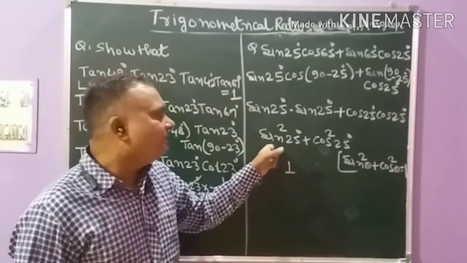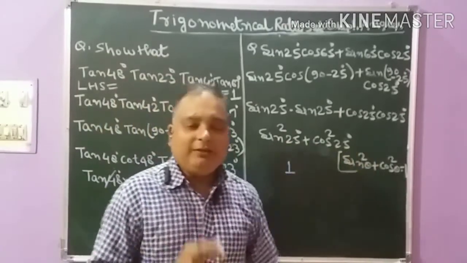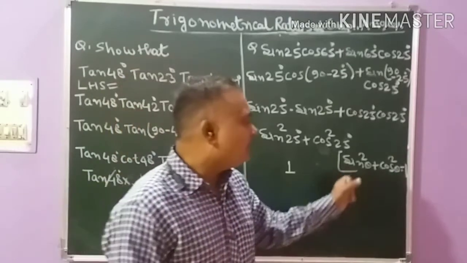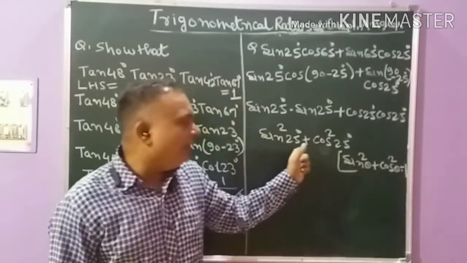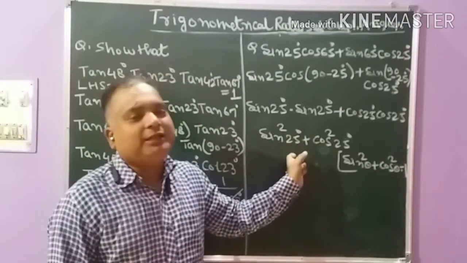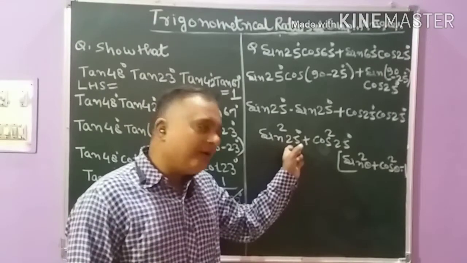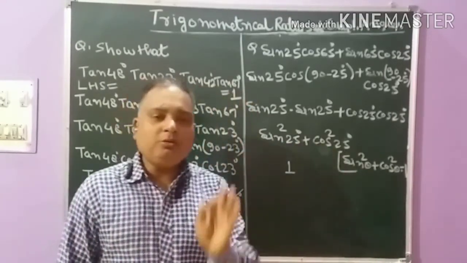So we can write sin square 25 degrees plus cos square 25 degrees, and we know that is the first identity of trigonometry: sin square theta plus cos square theta equals 1, and here the value of theta is 25 degrees. So the value of sin square 25 degrees plus cos square 25 degrees will be equal to 1.